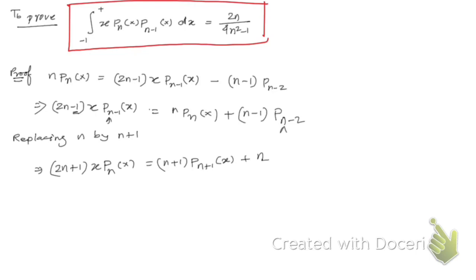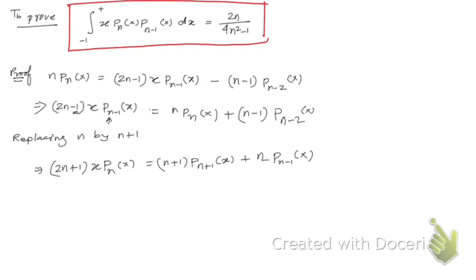Then here if you replace this by n plus 1, then plus 1 minus 2 is gonna give you minus 1, so n minus 1. So here we're gonna have n into Pn minus 1 of x. That's what we're gonna have, right? Okay, hope you have understood this.